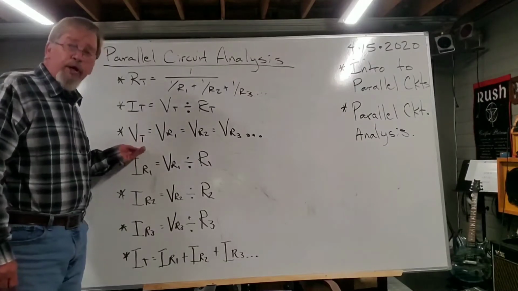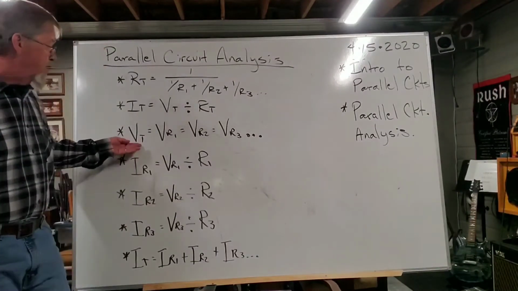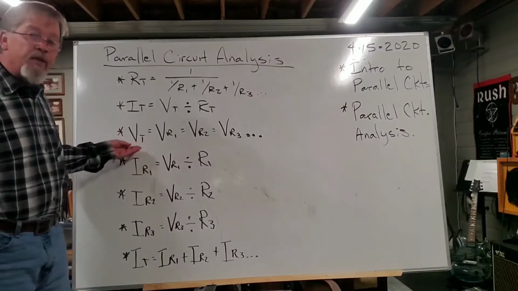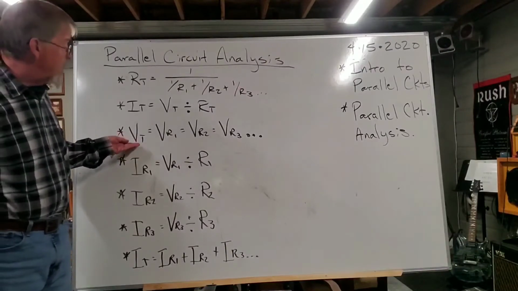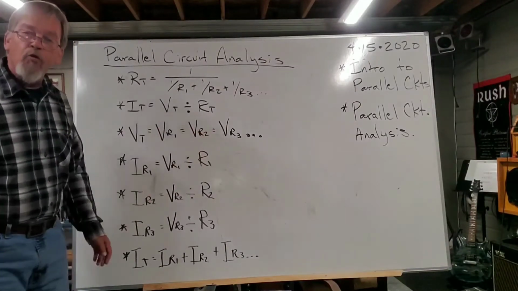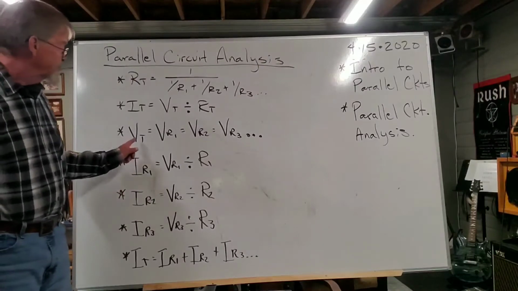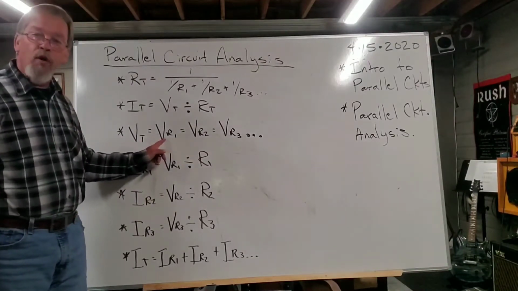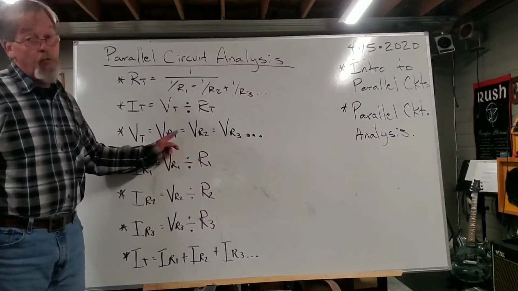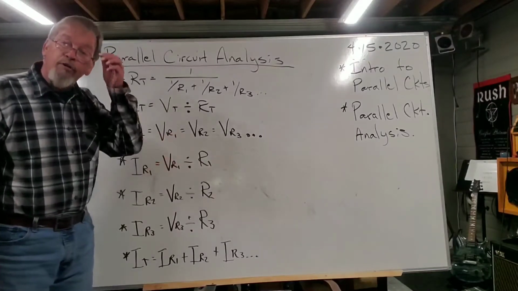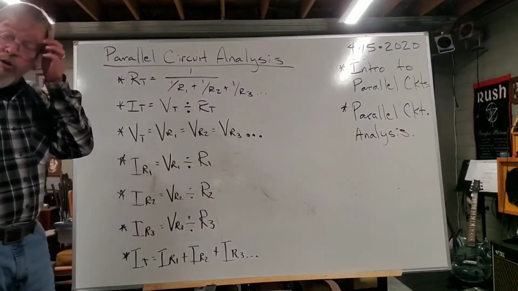Now, one thing we had determined before is that voltage stays the same. This is just the mathematical way of representing voltage stays the same. So total voltage is equal to the voltage for R1, which is equal to the voltage for R2, R3, and so on and so forth.